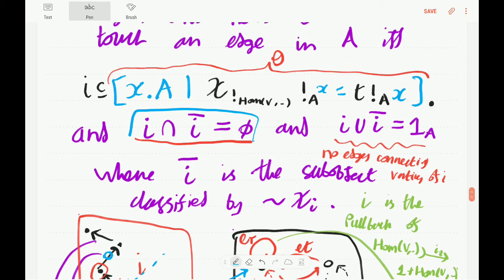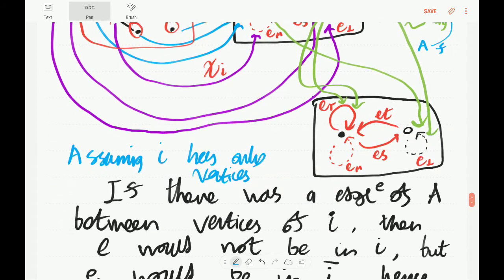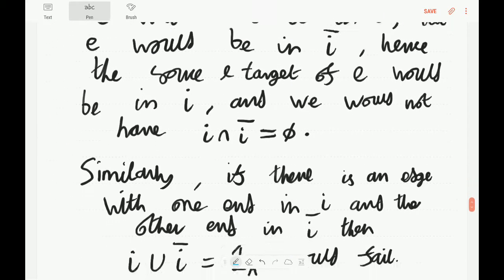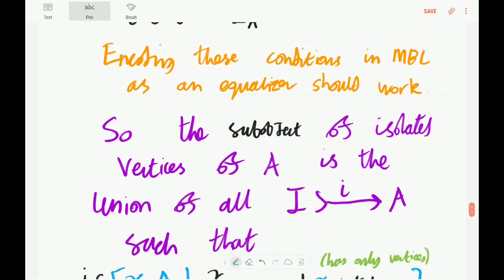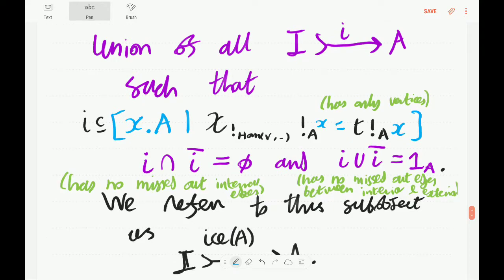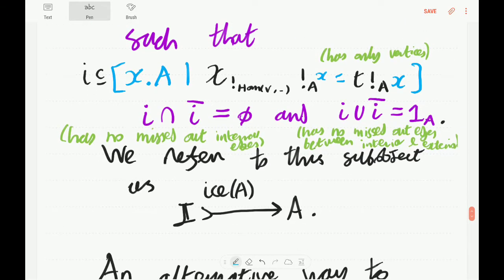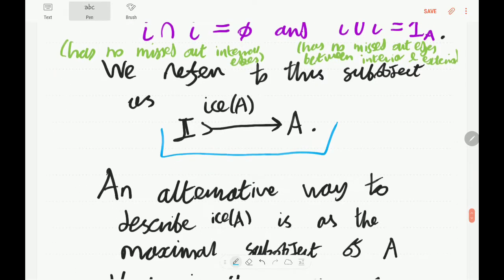Either way, we have these conditions on I, which basically mean that I is a subobject of purely isolated vertices, and if we take the union of all such I, we get what I call ice A, which is the subobject of A consisting only of these isolated vertices.